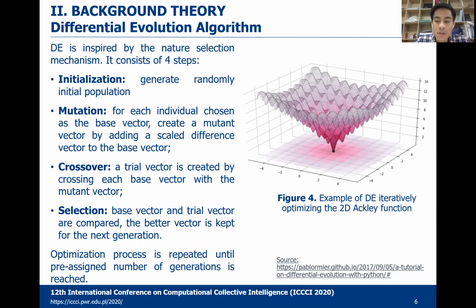The first step is performed once at the beginning of the optimization process, while the three remaining steps are repeated sequentially until the preassigned number of generations is reached. An example of differential evolution is shown in figure 4.